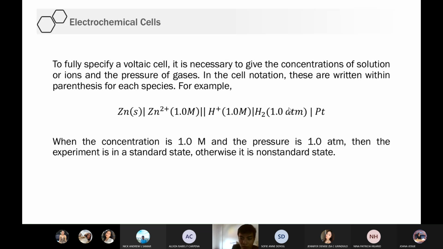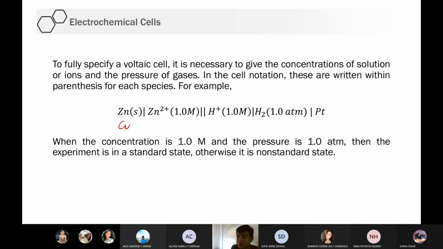Then, H2, lagay mo 1 atm. Okay? So, lahat ng gases ay expressed in pressure. Lahat ng concentration ay expressed in molarity. Okay? So, this is better, kasi if you are asked to do certain experiment, mas maganda kung alam mo yung concentration ng ions mo. Okay? Para hindi ka nanguhula.